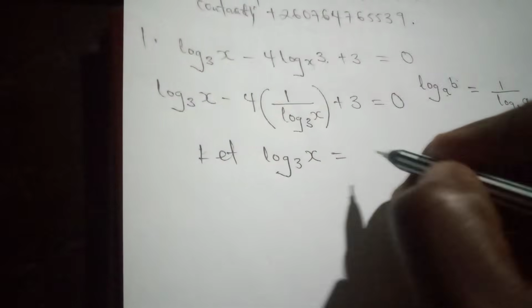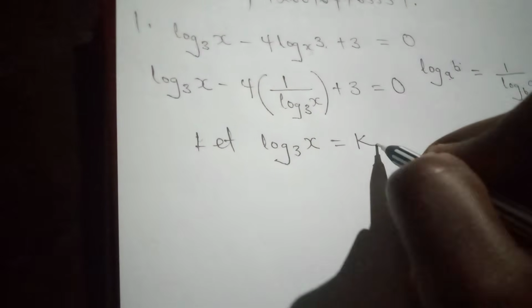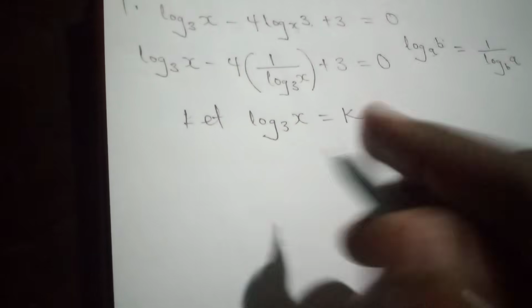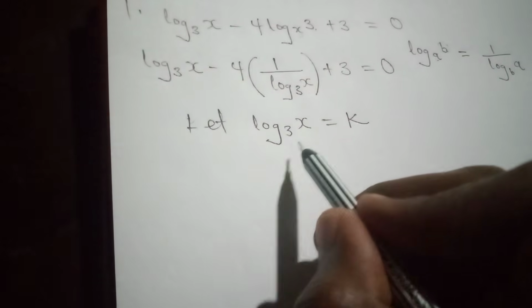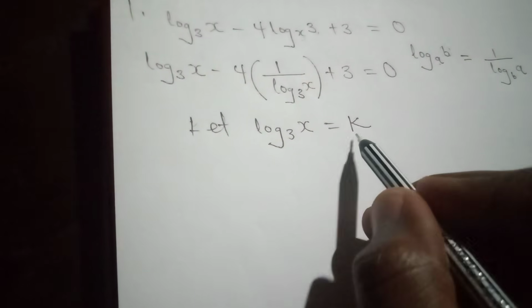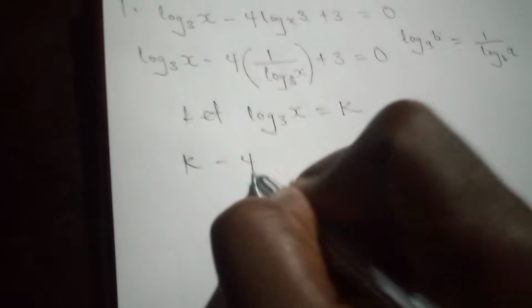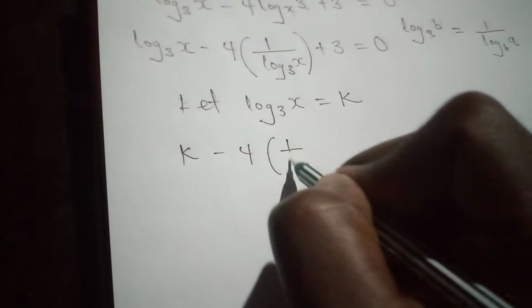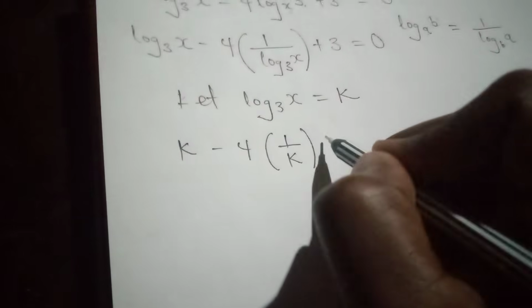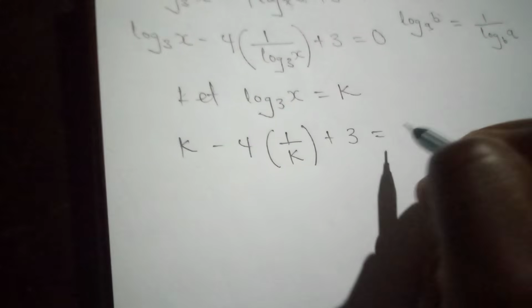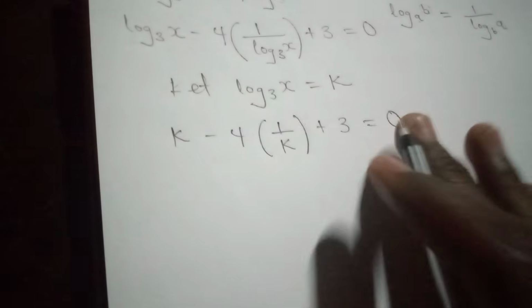In this case I'll put k. That simply means that where there is log 3 I'm going to replace it with k. So that is k minus 4 1 over k, open the brackets, plus 3 is equals to 0.